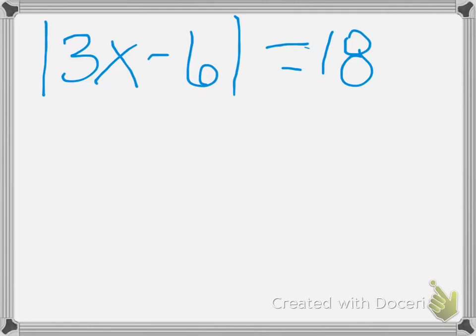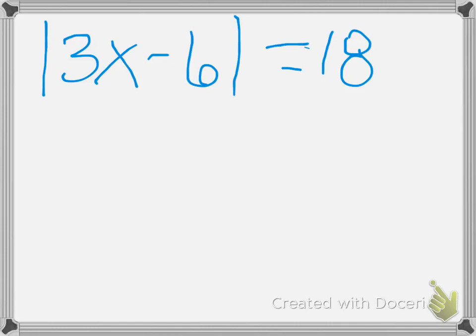So let's go ahead and work on this one the same way that we did the last example. We want to make sure that if there's anything in the absolute value that needs to get simplified, we simplify that first, but I can see there's no way I can put that 3x with the negative 6 together, so we're simply going to move on to the next step.